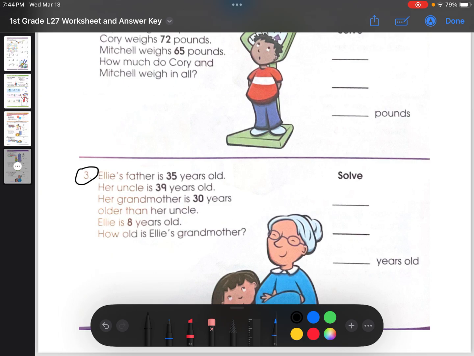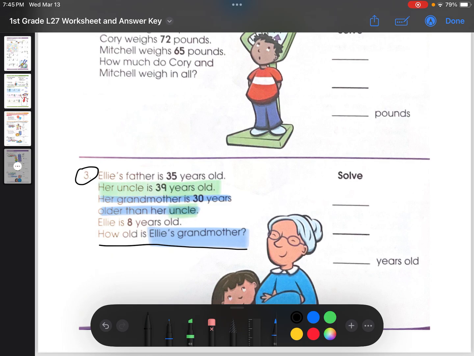So this one's a little different, but if we look at the question, it's asking for Ellie's grandmother, right? And we see right here, her grandmother is 30 years older than her uncle, which means we also need the uncle's age right here.